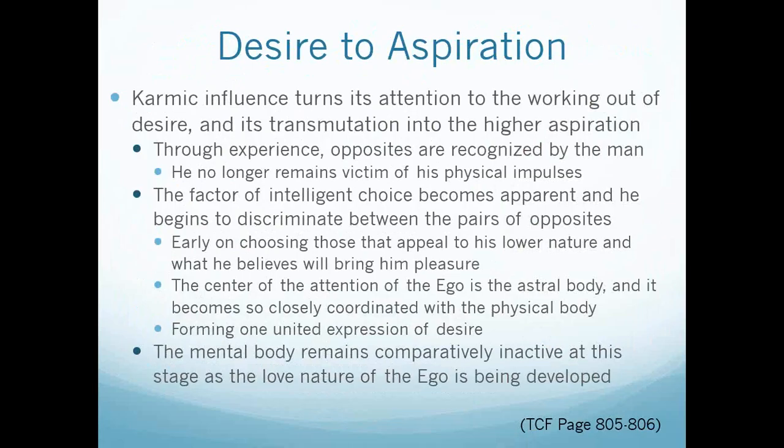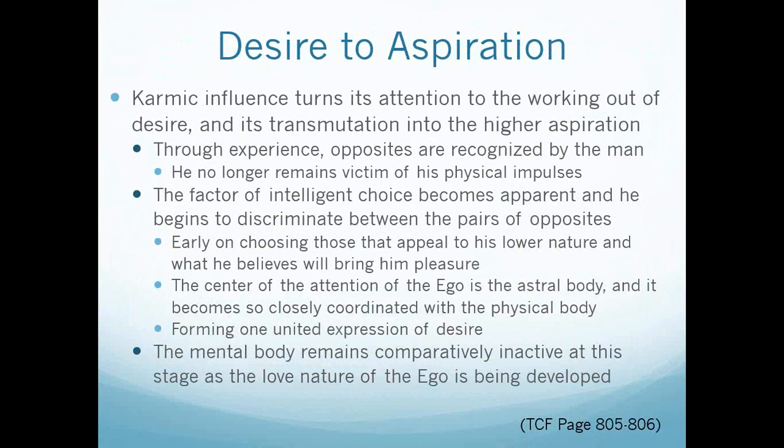Through experience, opposites are recognized by the man, and he no longer remains victim of his physical impulses. The factor of intelligent choice becomes apparent, and he begins to discriminate between the pairs of opposites, early on choosing those that appeal to his lower nature and what he believes will bring him pleasure.